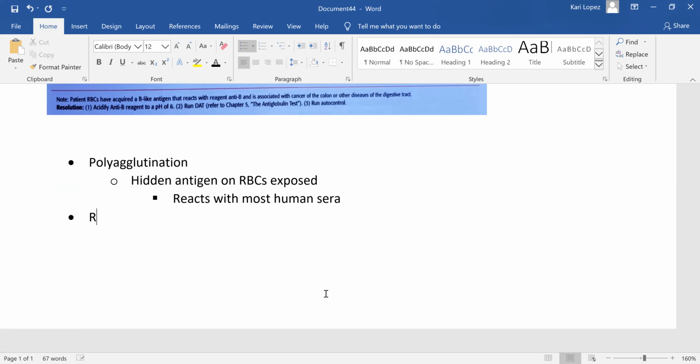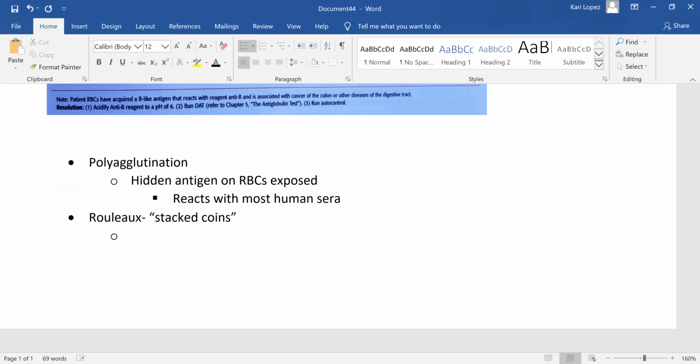Another issue would be rouleau. And what's rouleau? Red blood cells stacked on top of each other like coins. Exactly. Coins is the general terminology used to describe it.